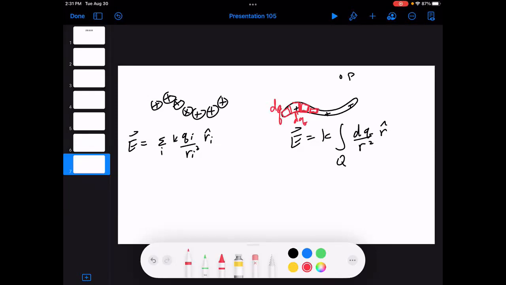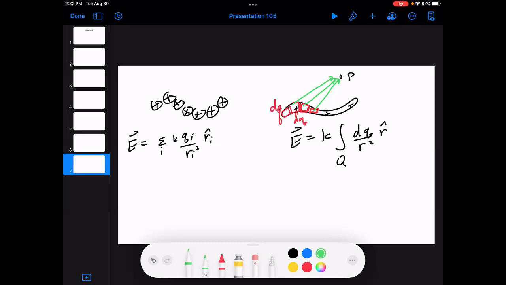Different is the right answer, because each little dq is in a slightly different spot. So each of those r's is going to be slightly different. The real difficult part about this integral is the fact that r generally depends on which q you're choosing. And so you have to find a way to relate r to dq, some function that relates those two, which we will do.